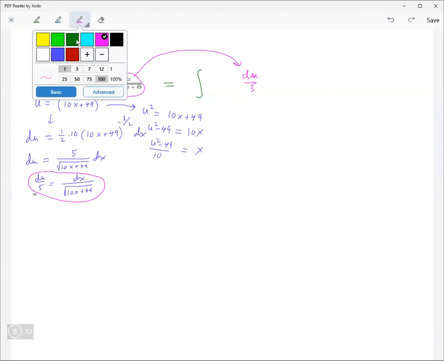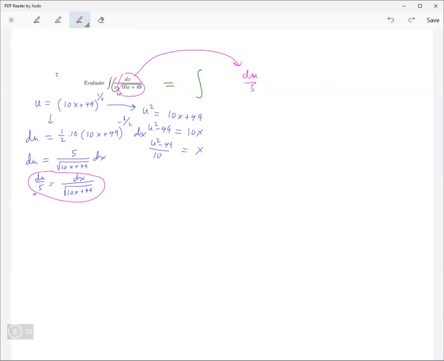And so what happens is this part right here, this is 1 over x, and it gets replaced with the reciprocal, which would be 10 over u squared minus 49.